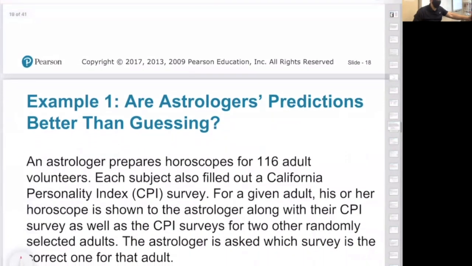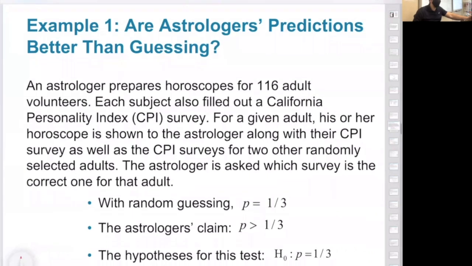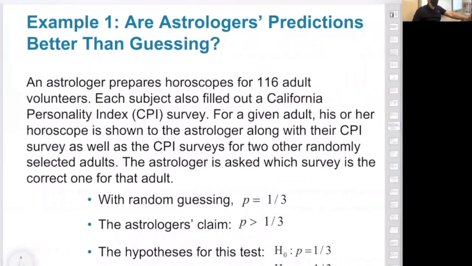We will apply these five steps on the proportion, starting with this example. I will go through the steps without any calculations first, and then we will do the calculations so we can finish the test at the end.